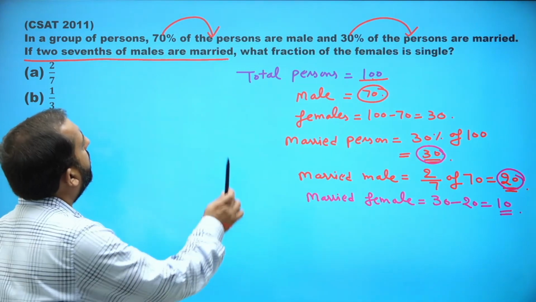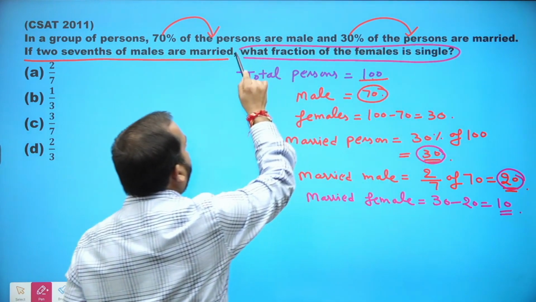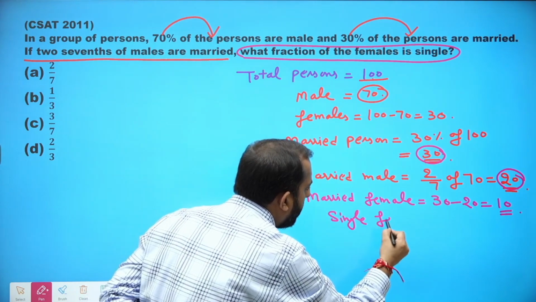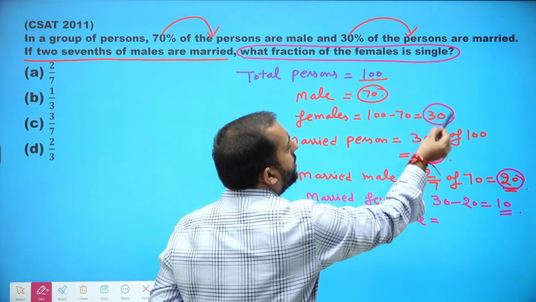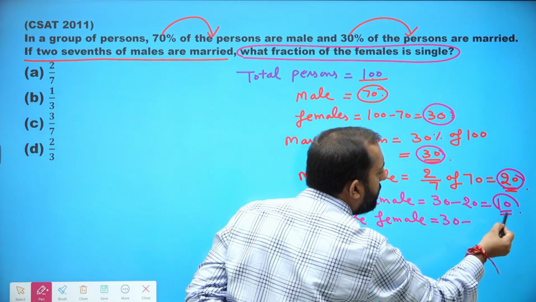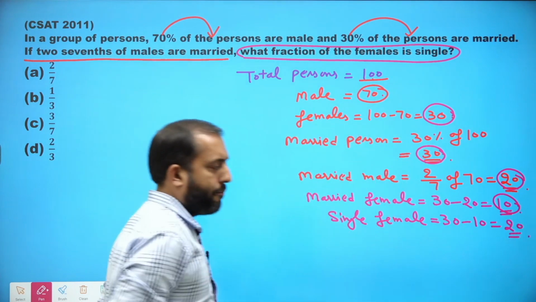Next it is written, what fraction of females are single? So let's talk about single females. How many females are there? 30. Out of 30, 10 females are married. So single females are 20.